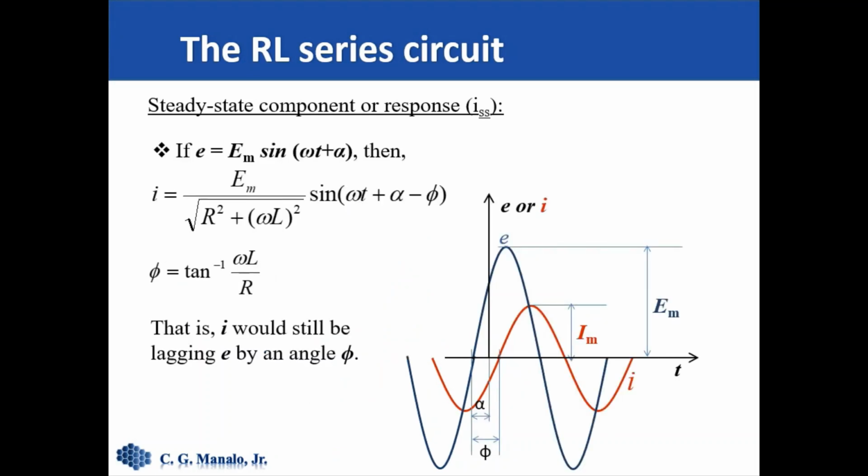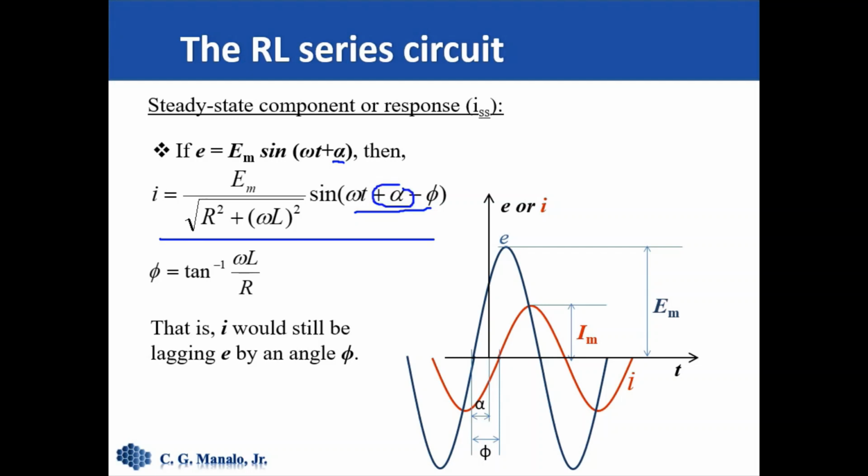Also, if the sinusoidal source happens to have a phase angle alpha, that will result in a steady state component that is almost the same, except that the argument in the sine function has an added term here, so plus alpha.